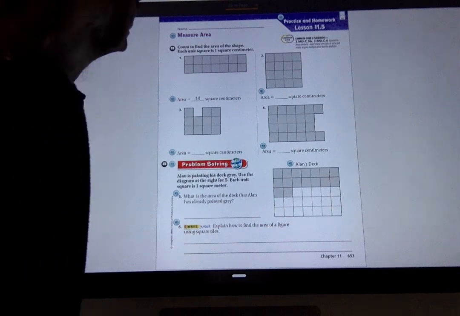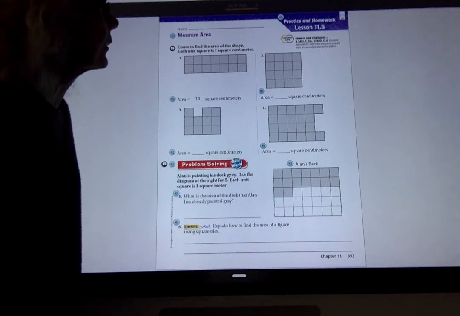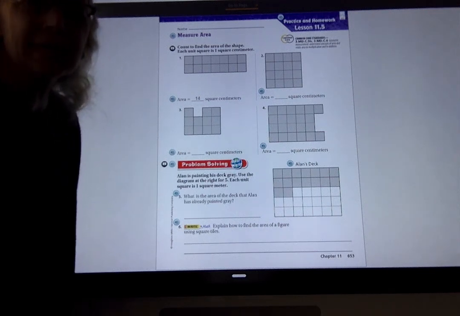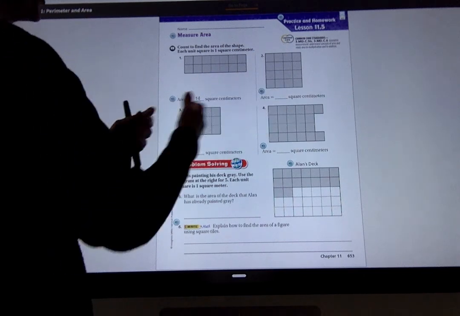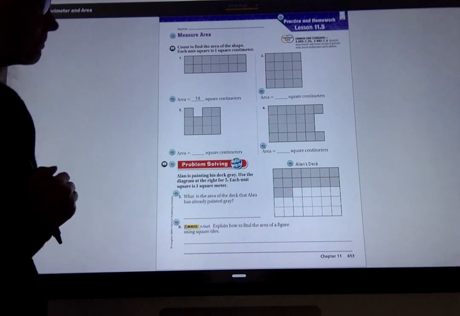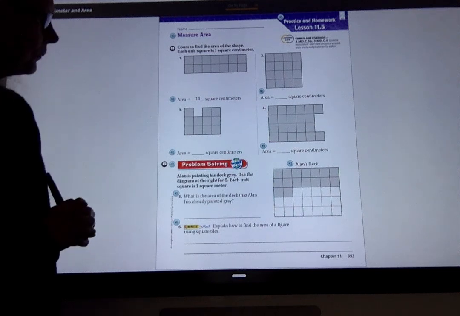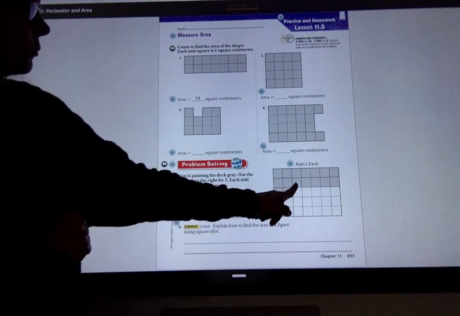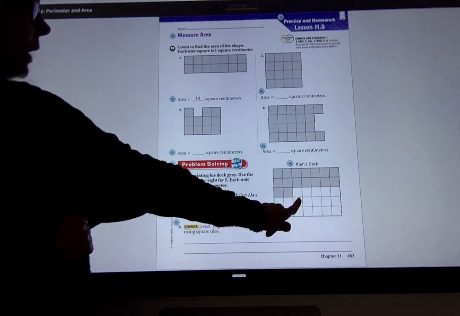Okay, at the top of the page it says count to find the area of the shape. Each unit square is 1 square centimeter. That's all you're going to have to do is count. When we get down here, Alan is painting his deck gray. Use the diagram at the right for number 5.